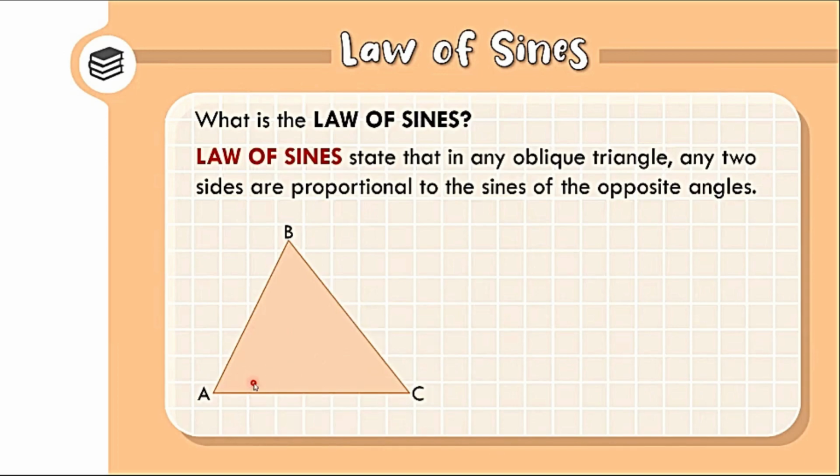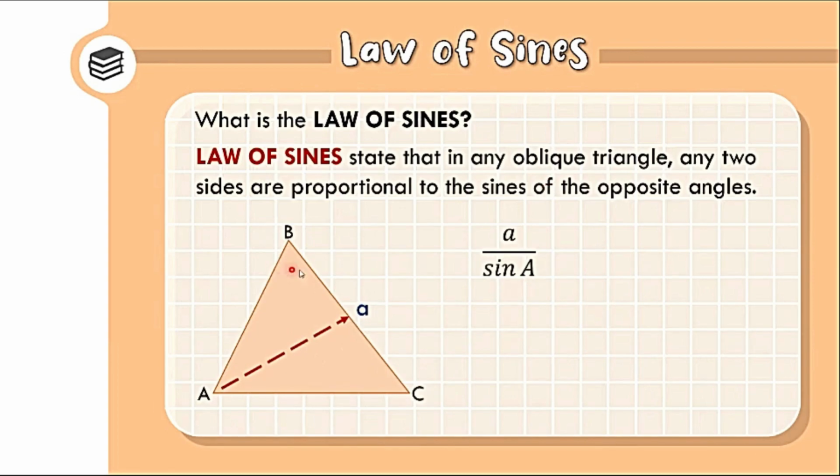So let us have the side opposite to our angle A here. Let us name it small letter a. Therefore, our ratio for this one will be a over sine A.